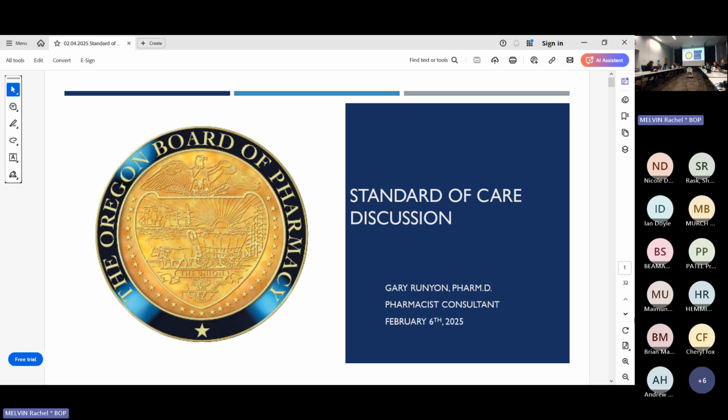Data on patient safety related to standard of care. I asked this, and I could be completely wrong: is there also data to support the regulatory model for patient safety? Are there studies related to that? I understand there's a lack for standard of care, but is there also on the flip side?